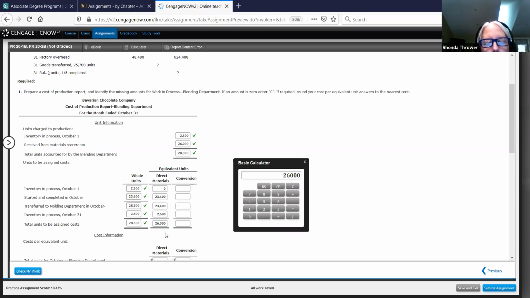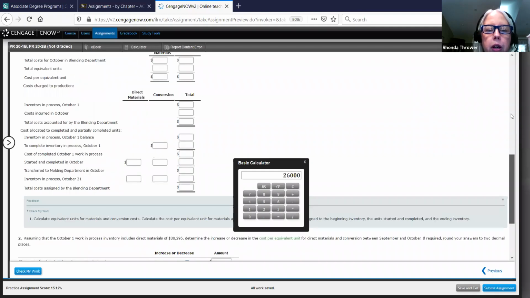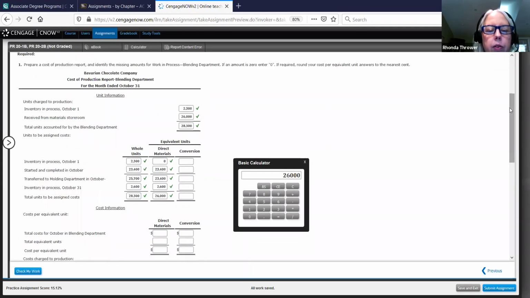So materials, the portion of units that we've completed with respect to materials is 26,000 units. That's our equivalent units for our materials. And it might be a good idea for you to check your work once you're through with this column to make sure you've got everything calculated right.